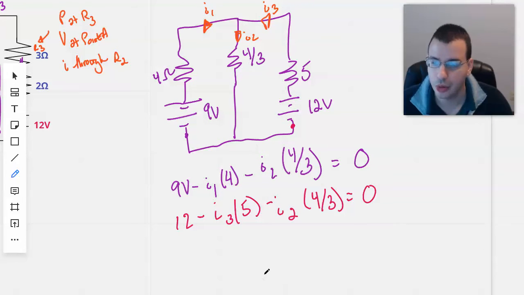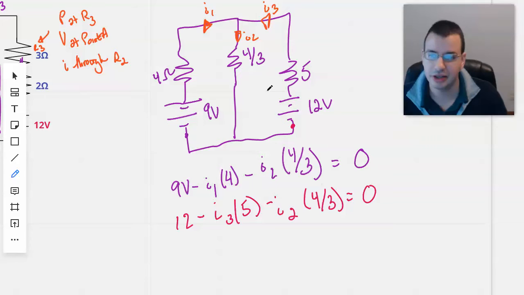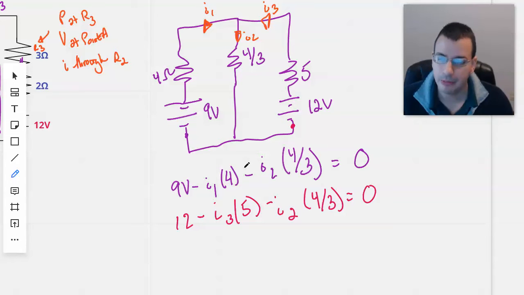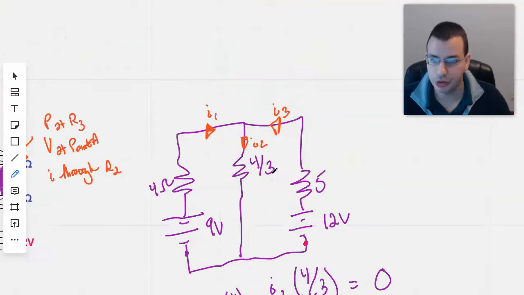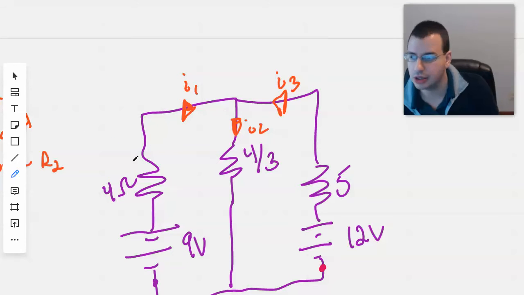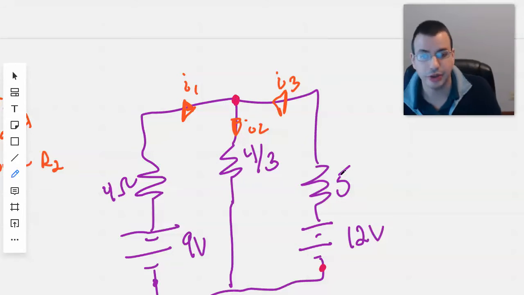We could try to do another loop, kind of like this, and that'd probably work. But one of the easiest equations to get then is Kirchhoff's current law. Let's see what color we have. Red, right there.